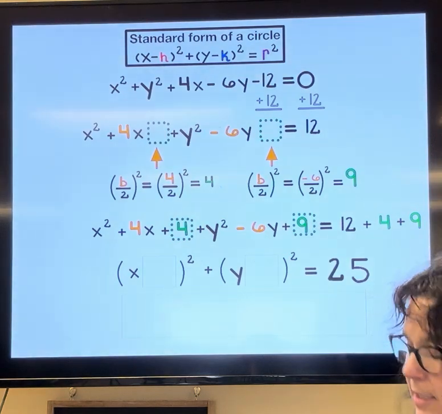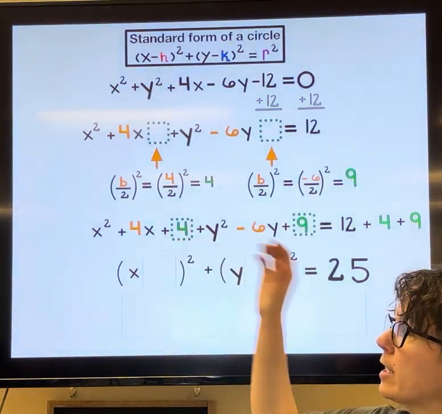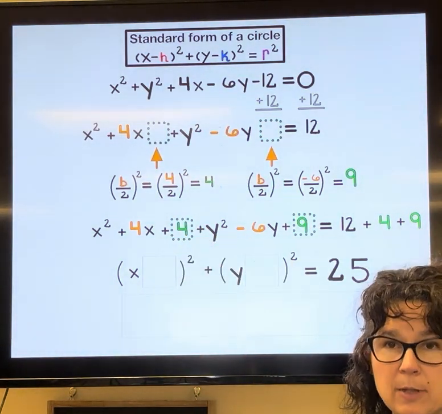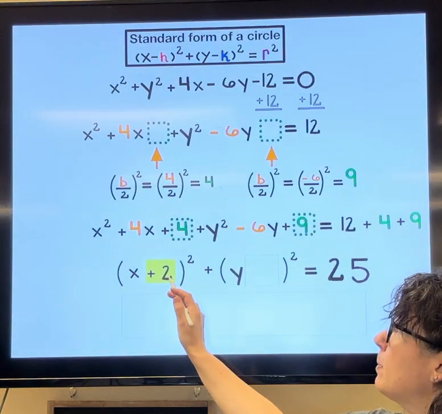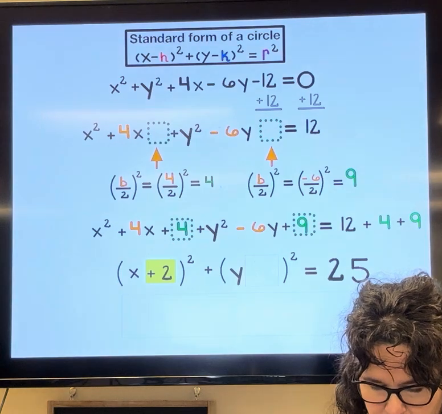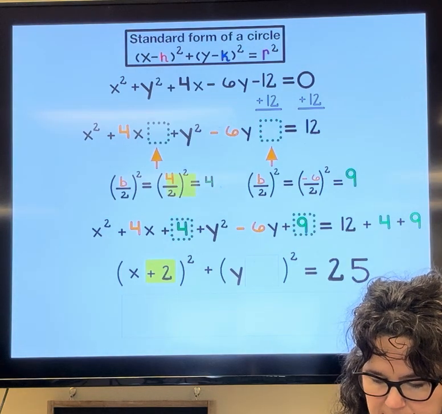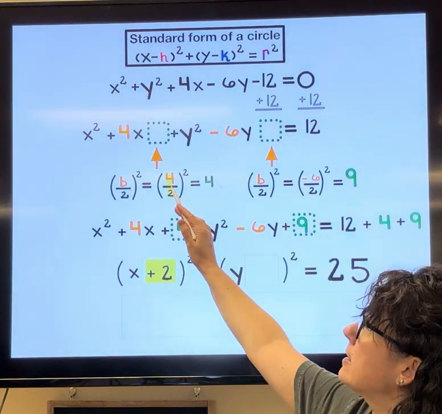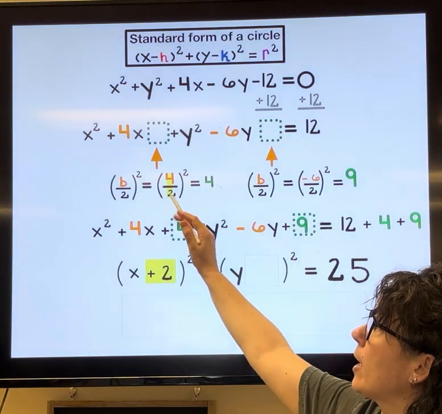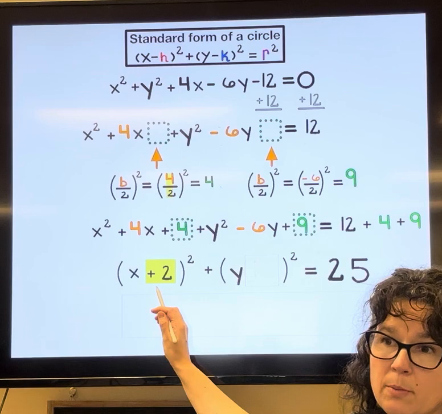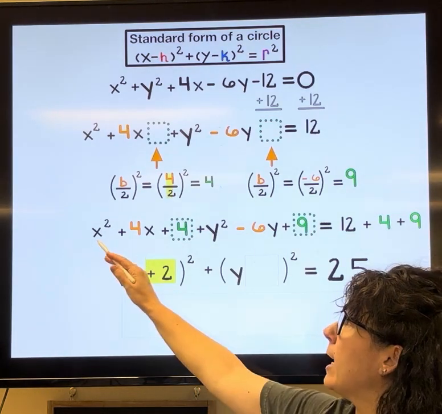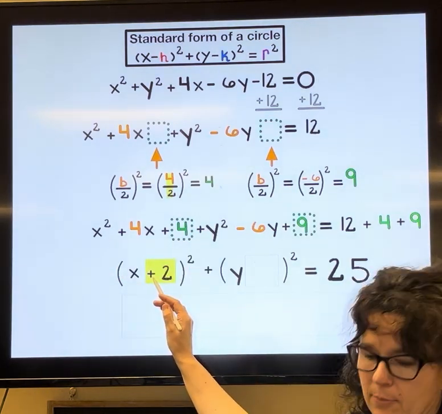It's not a coincidence that x squared plus 4x plus 4 factors to be x plus 2 times x plus 2, because this plus 2 right here happens to be the same as what this number was before I squared it. 4 divided by 2 is 2, and that is plus 2. But worst case, you can go ahead and factor that and you'll get the same thing.